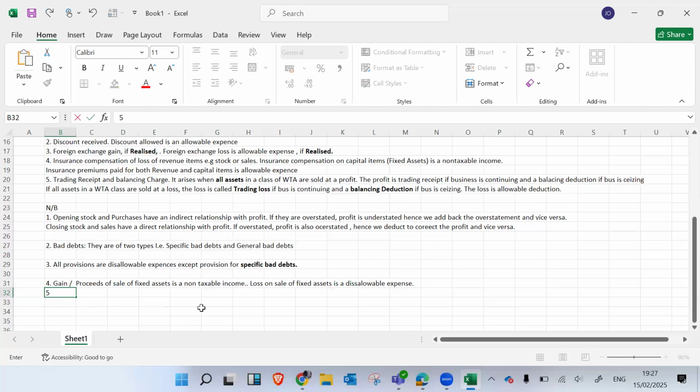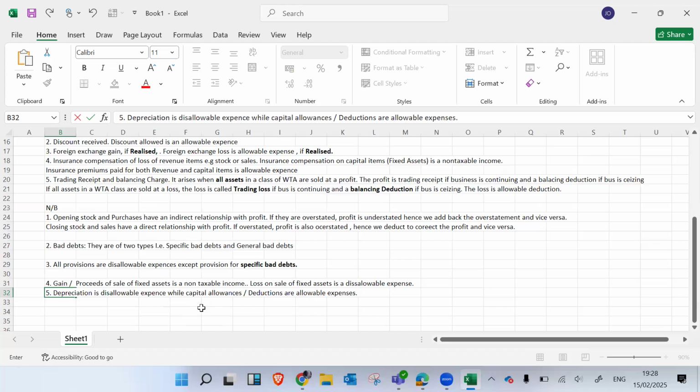Maybe just something else to add: depreciation is a disallowable expense, while capital allowances or capital deductions are allowable expenses.